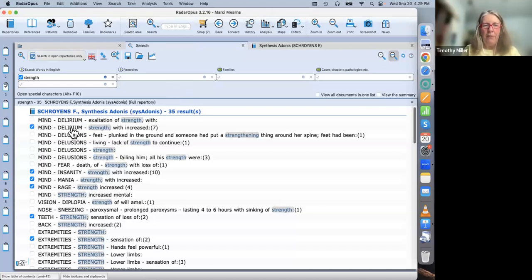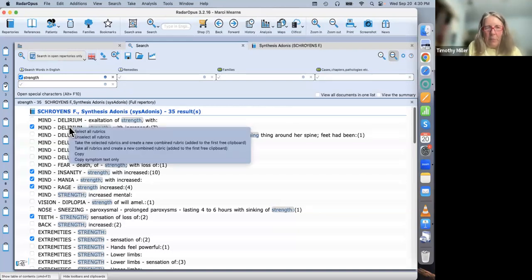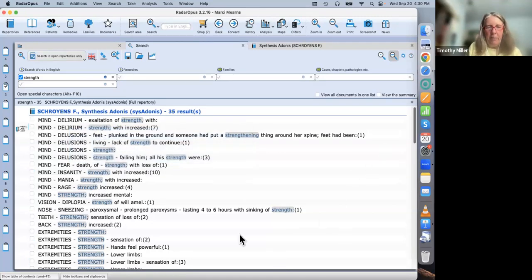I've got a bunch of these check marked. For a moment, I'm going to point to any one of these rubrics and choose unselect all rubrics. None of them have been checked. Are you with me? So it's as though I just did this search for the word strength and this is what I got, a list of 35 rubrics with the word strength.